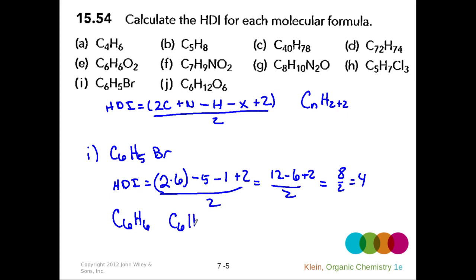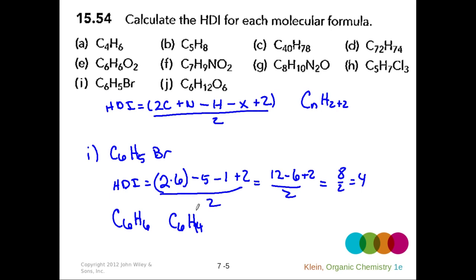Let's do I. It has a halogen in it, and see how that affects our formula. So the formula for this molecule is C6H5Br. Let's calculate our hydrogen deficiency index.